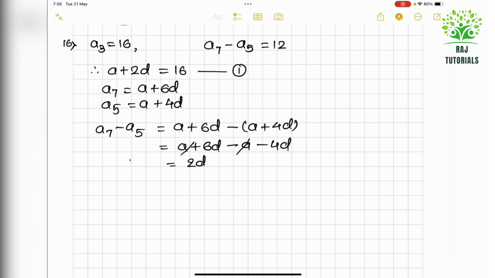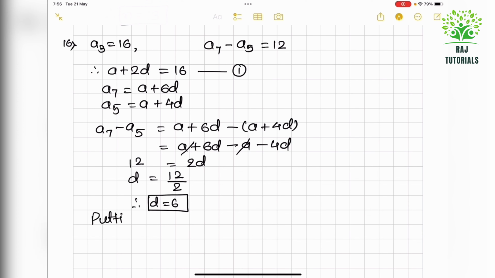So 2D, now this difference is 12. So D is 12 by 2, therefore D is 6. Now he has told us to find the AP. So D I got.